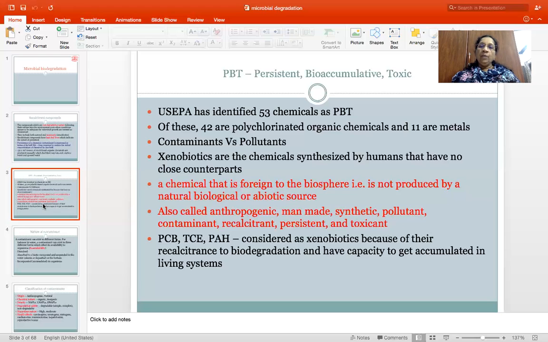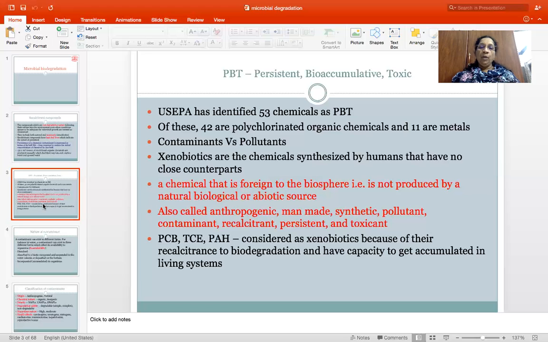A chemical that is foreign to the biosphere, that is not produced by a natural, biological or abiotic source, is commonly called a xenobiotic. Also, all anthropogenic, man-made, synthetic compounds, or pollutants, contaminants, recalcitrant, persistent and toxicants are other terms used for these compounds.